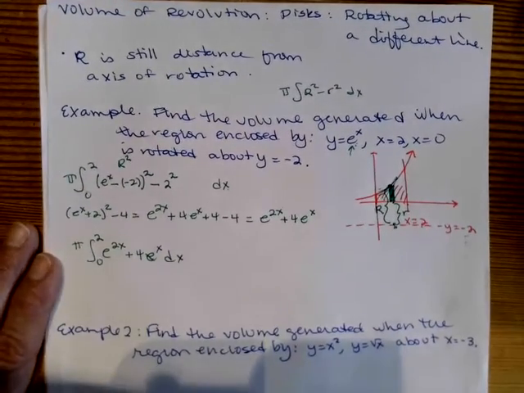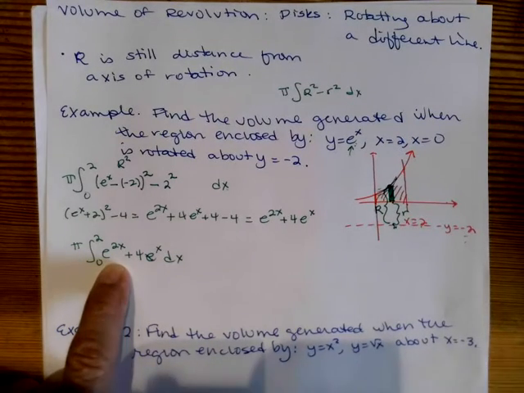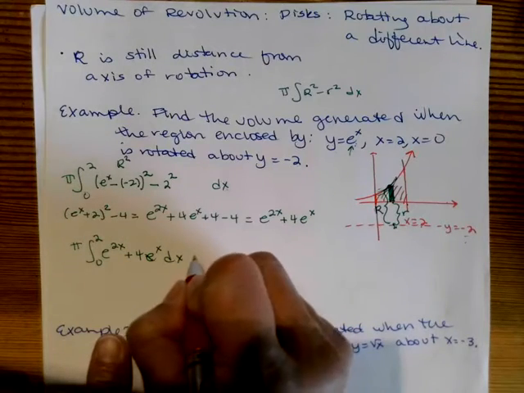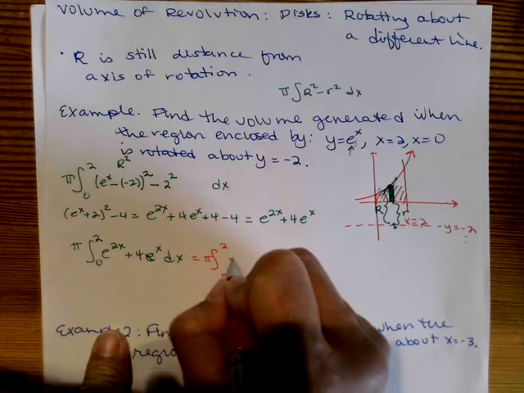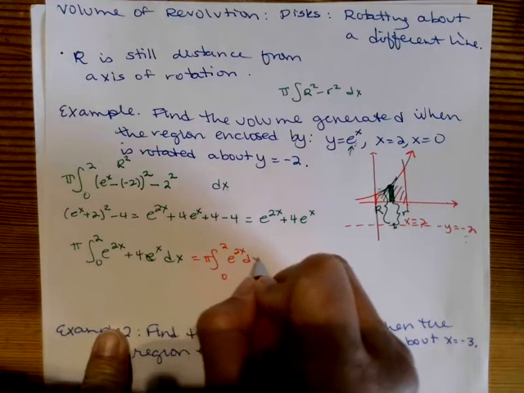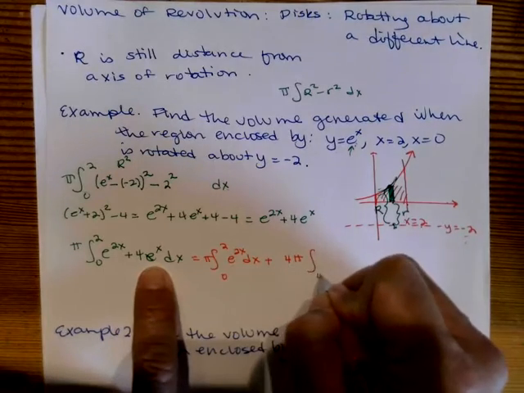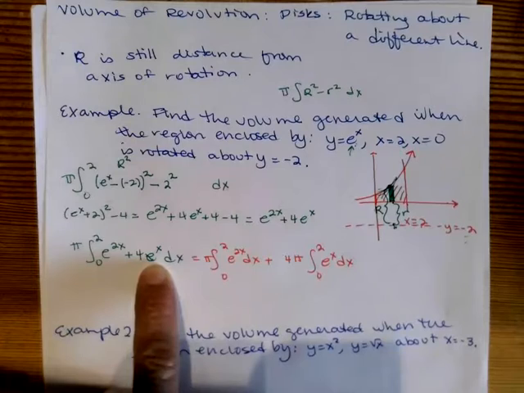For that first term, e to the 2x, I'm going to have to do a little u-sub on my way through. So let's break that apart. We'll go pi integral from 0 to 2 of e to the 2x dx, plus 4 pi integral from 0 to 2 of e to the x dx.